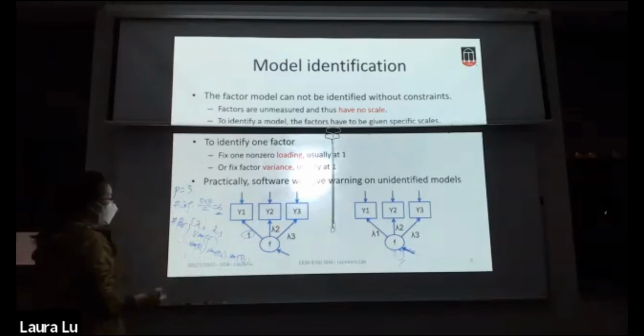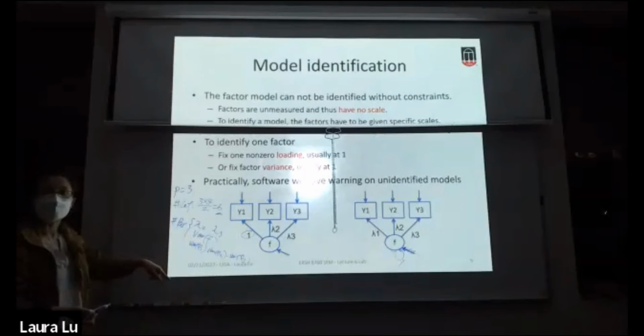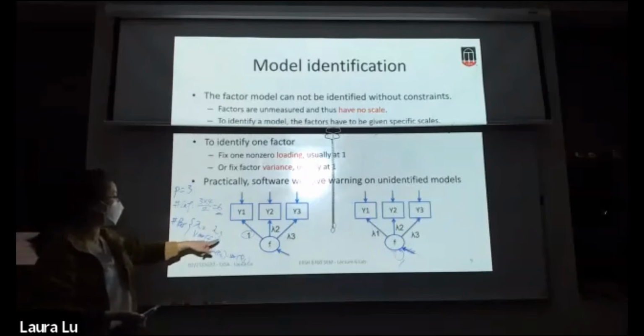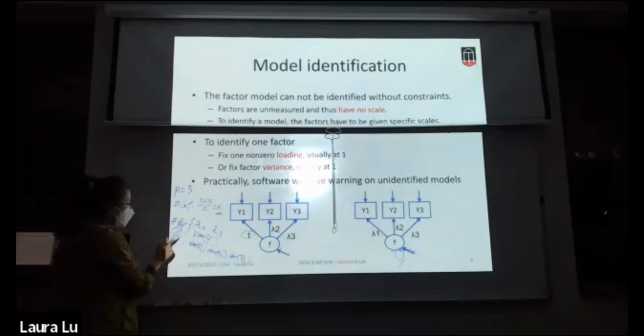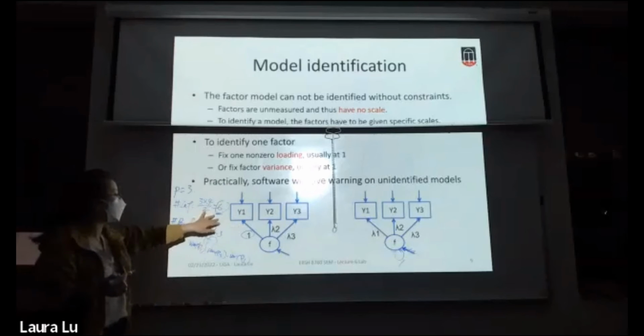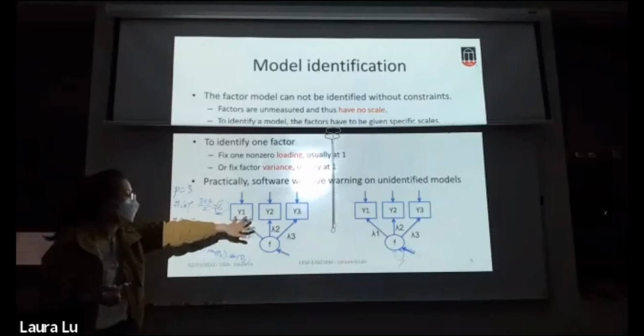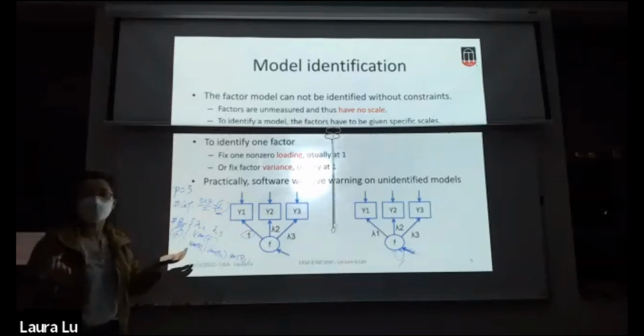So what is the number of parameters? 6, that's it. The maximum number of information here with 3 variables is 6. We're going to estimate 6 parameters.